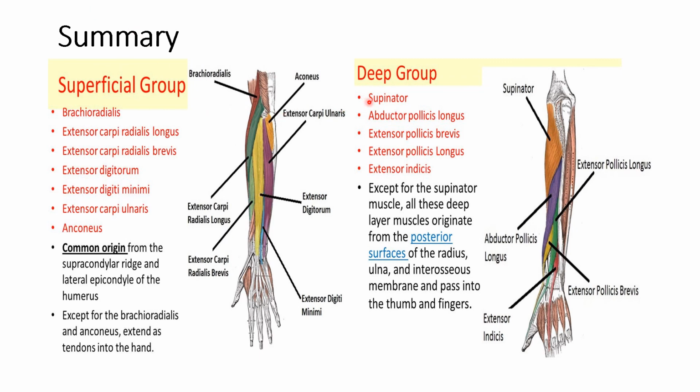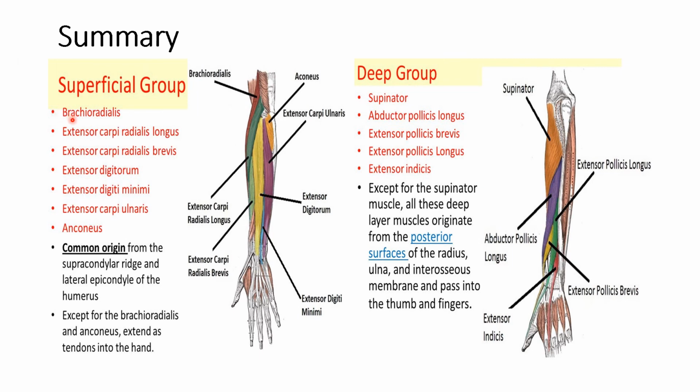The deep group includes the supinator, abductor pollicis longus, extensor pollicis brevis, extensor pollicis longus, and extensor indicis. Except for the supinator, all these deep muscles originate from the posterior surface of the radius and interosseous membrane, and they pass into the thumb and fingers.